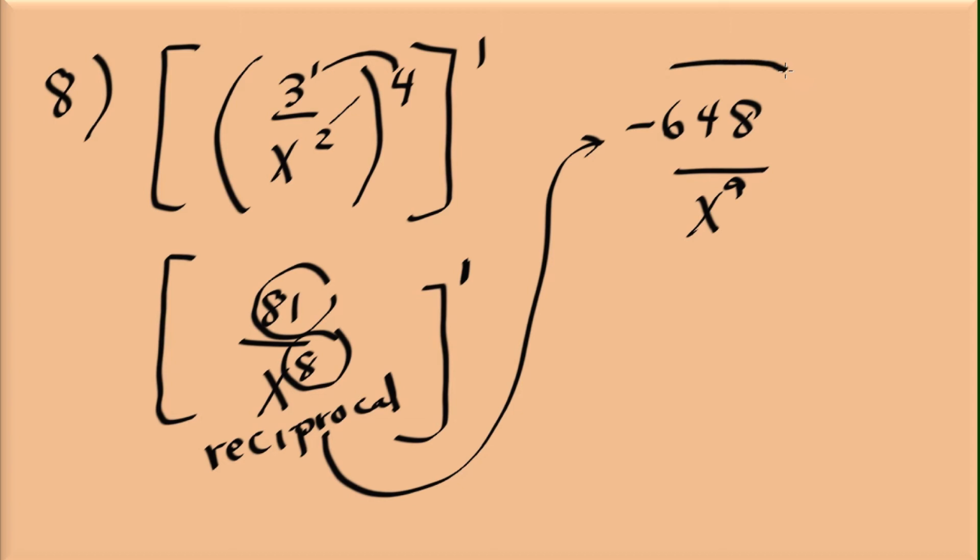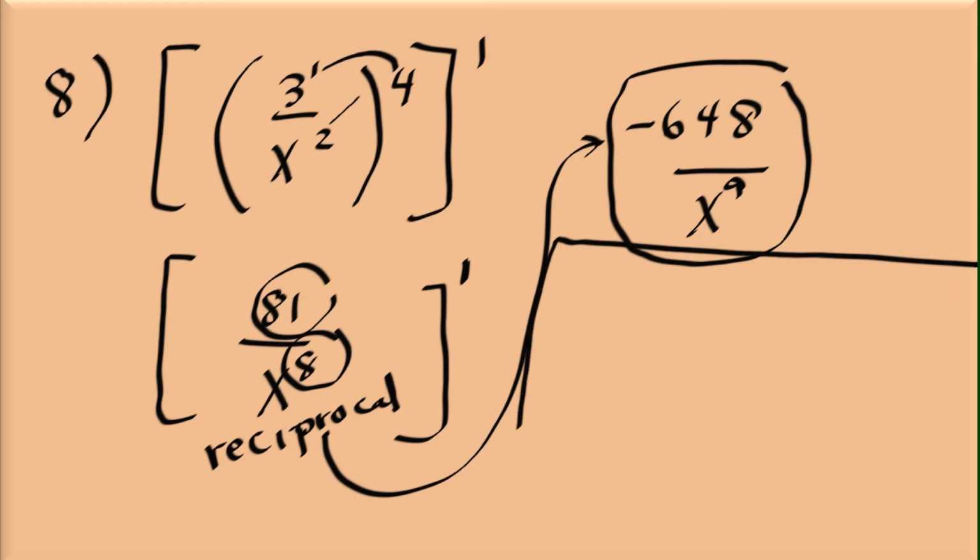Now because it's a reciprocal, we're using a shortcut, and you don't see the actual chain rule in it. So let me show you a way to do it using the chain rule. It's a little longer than what I just did.